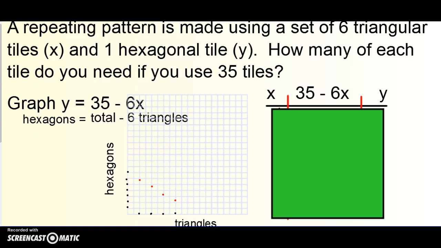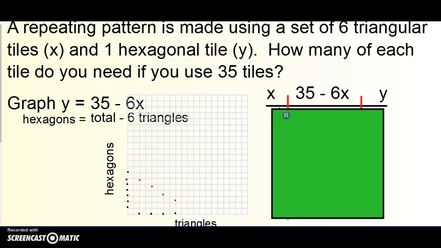All right, another word problem. You can have a repeating pattern of tiles, and each arrangement or pattern would have 6 triangles and 1 hexagon. How many of each tile do you need if you can use 35 tiles? So you would say my triangles can equal my total minus 6 for each hexagon.